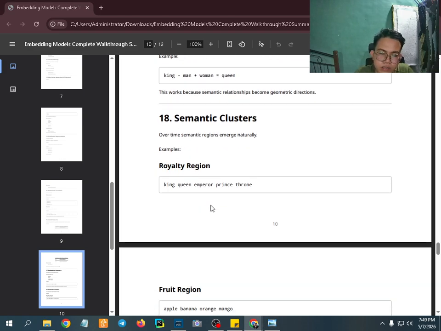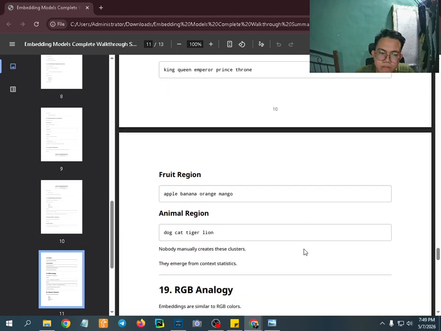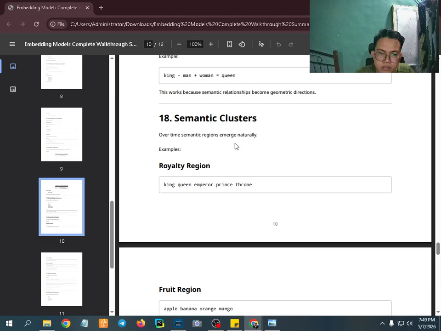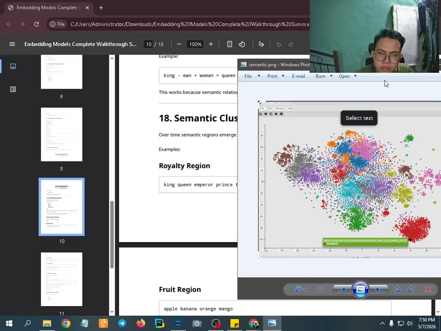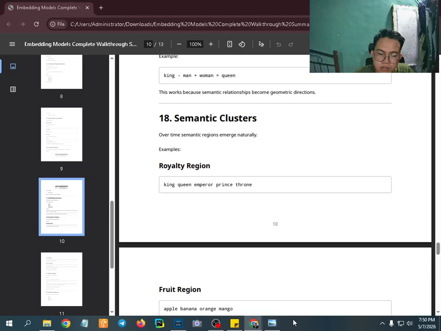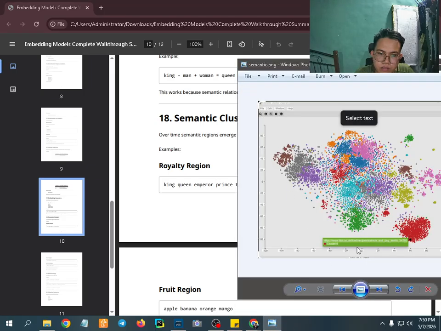What are semantic clusters? As I've said above, over time semantic regions emerge naturally. What does that mean? At first, during training, the clusters are not arranged like this.